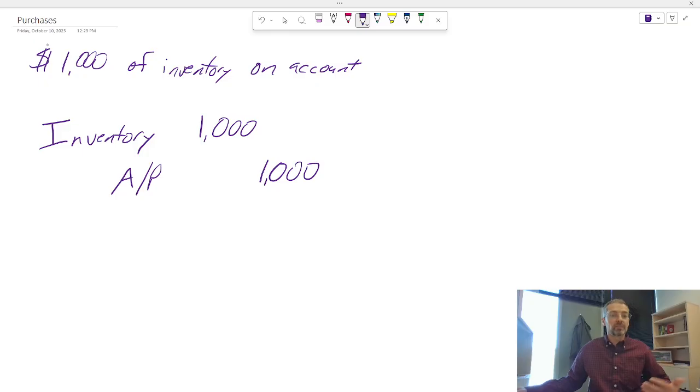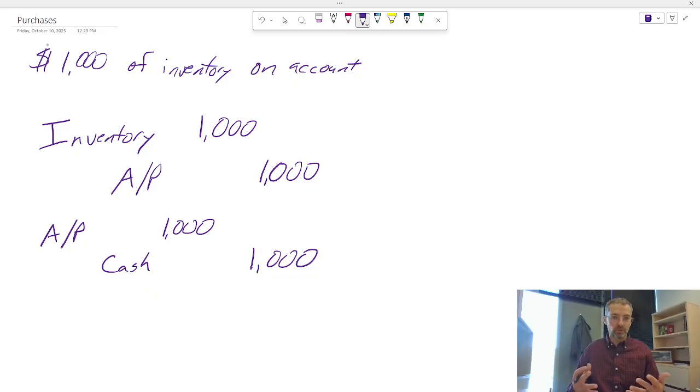Now, when we get the bill from the supplier and pay it off, our accounts payable will go down. So we debit accounts payable and we will credit cash. All right, so that's the very simple cycle, that we buy inventory on account and then we pay off that account.